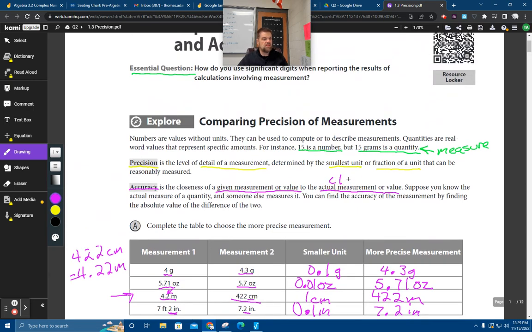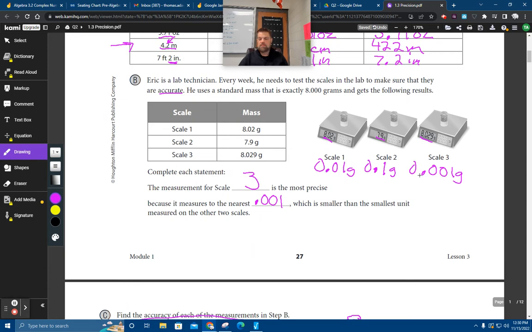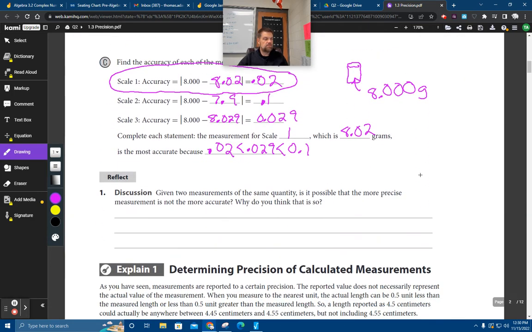So closest, oops, I misspelled closest. Eraser. Closest to the actual measurement. Okay. Any questions on that one?